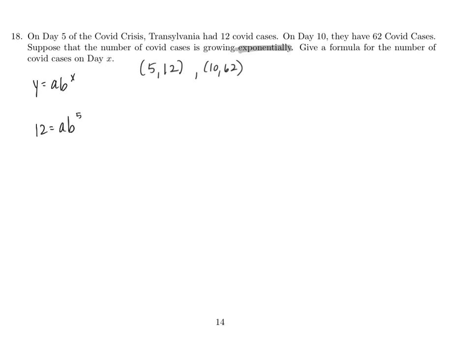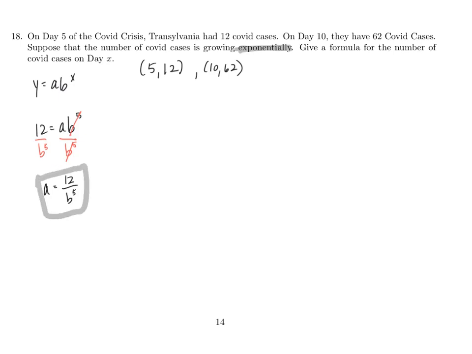Now in the other one, it worked out really well where the B was raised to the 0, so that just disappeared and voila, we had A. This one's not that easy. So we're going to have to solve, let's say we solve for A. So what I could do is divide by B to the 5th. That way I can get A. And it'll be in terms of B, but that's okay. So A is equal to 12 over B to the 5th. All right, so there's A.